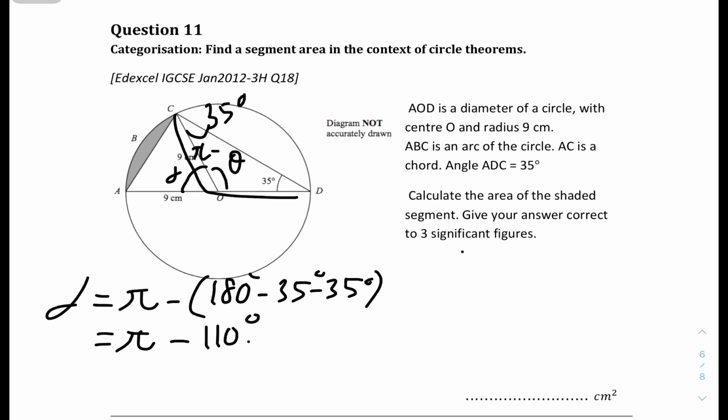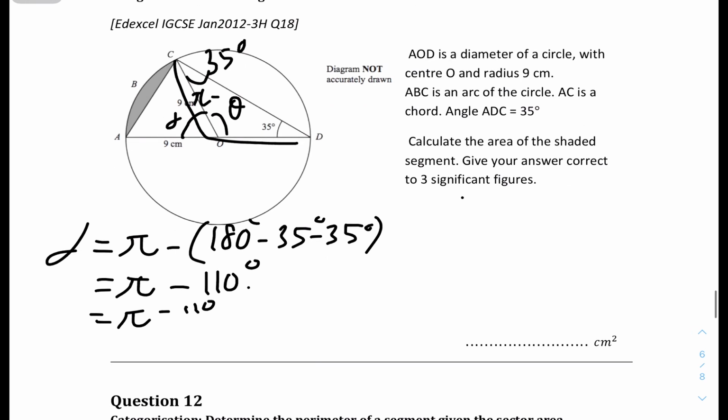But we have to convert this into radians first. 110 over 180 pi. Put into a calculator, pi minus 110 over 180 pi. This will get us a value of 7 over 18 pi. So we have the angle right here, and we have the radius.